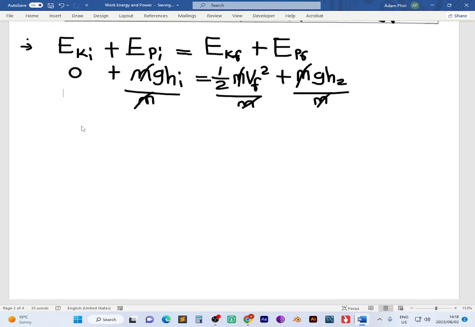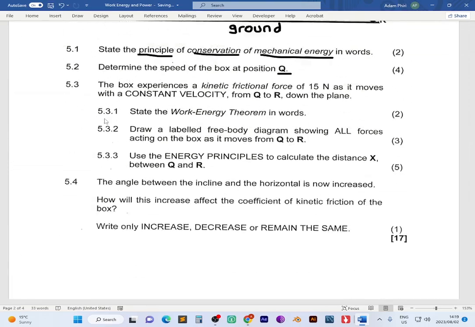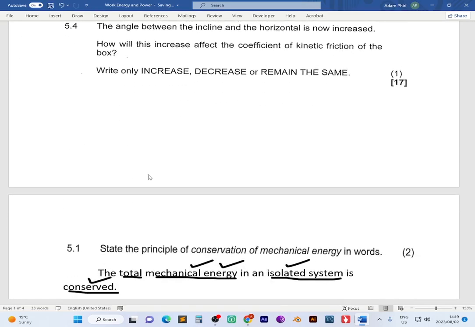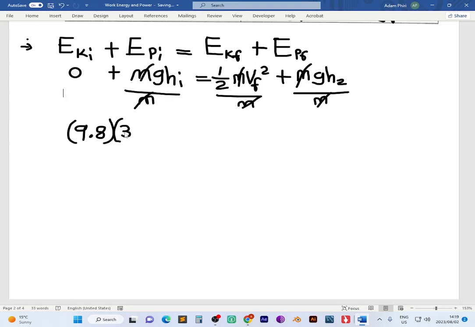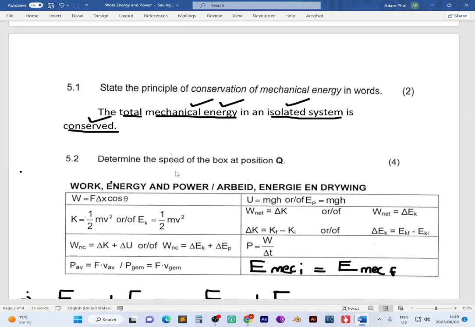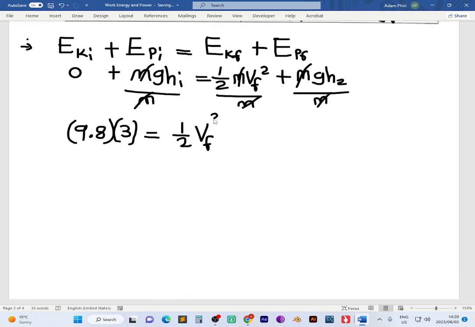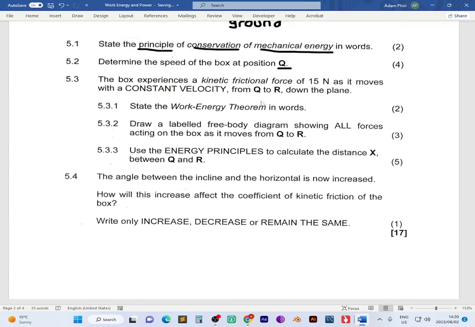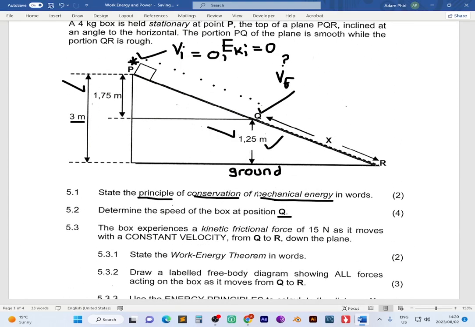So we cancel that out, and that gives us 2 times g, which is 9.8, and the height there is 3 meters. Because the mass cancelled out, now on the other side we have speed final, which is what we want to calculate, plus 9.8, and our height there is 1.25.